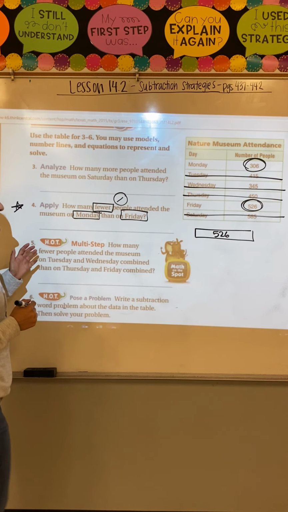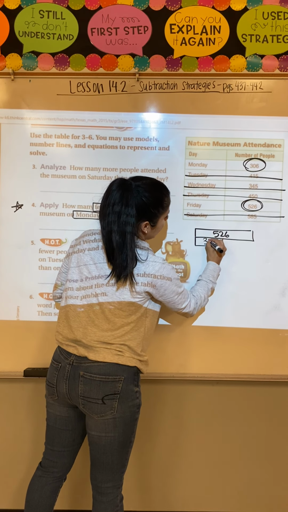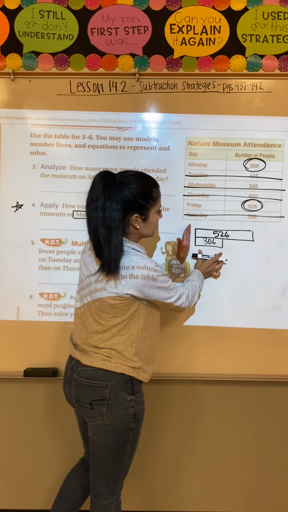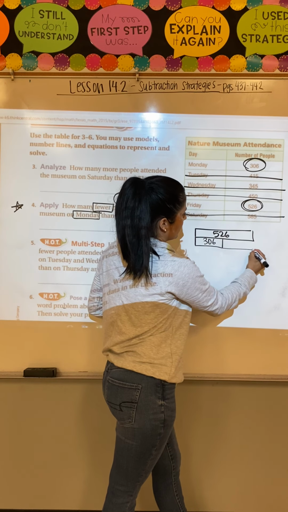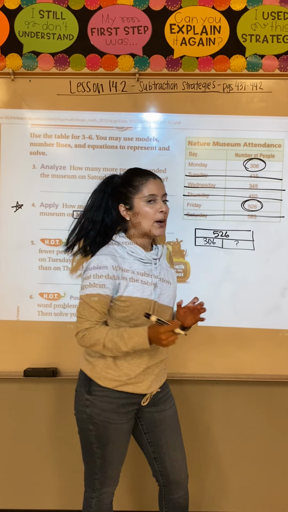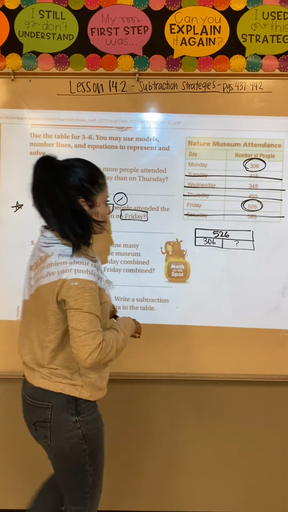Now, we know that Monday has a fewer amount. It takes up 306 of this 526. And we want to know, well, how many fewer? How much less? What is the distance in between those two numbers?